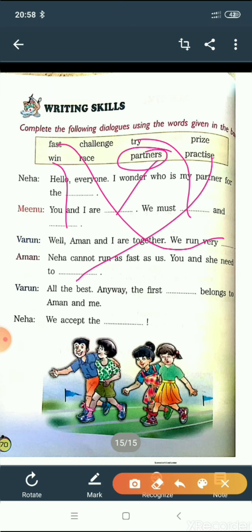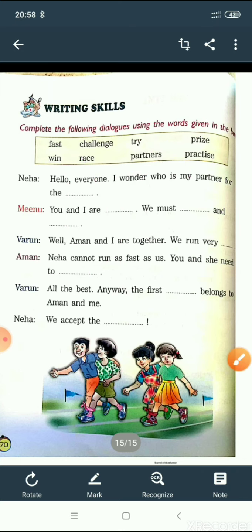Now Varun is saying, all the best. Anyway, the first prize belongs to Aman and me. Finally, Neha says, we accept the challenge. So let us repeat. Neha is saying, hello everyone. I wonder who is my partner for the race.